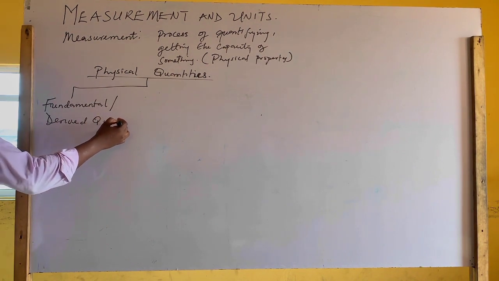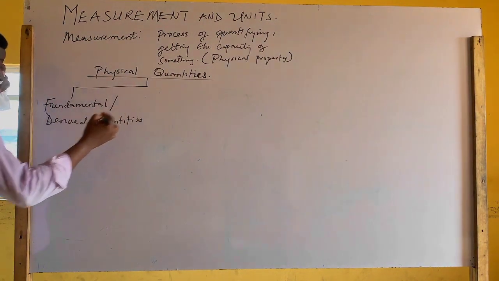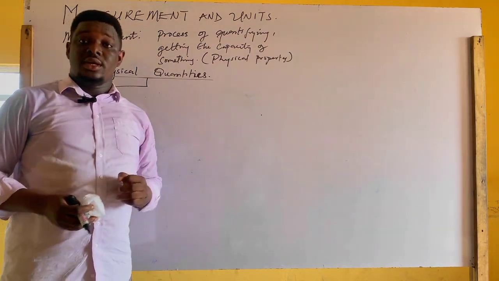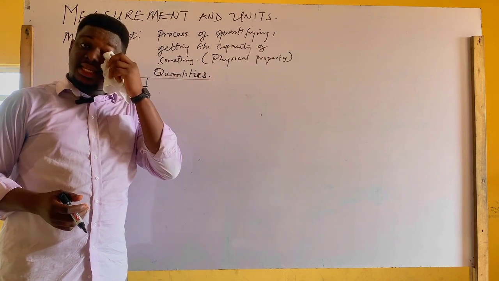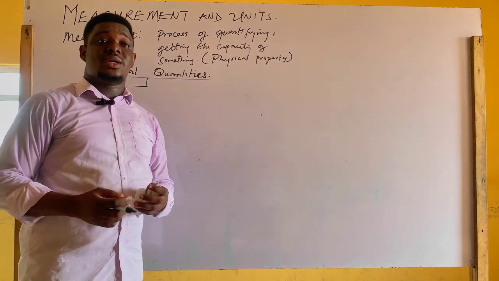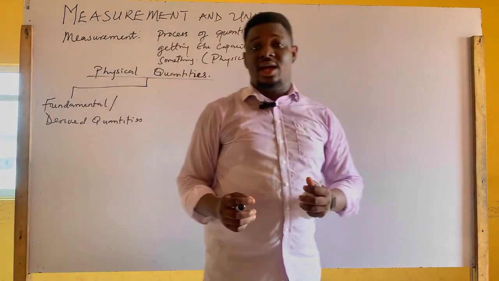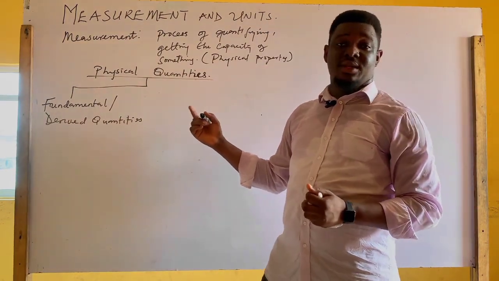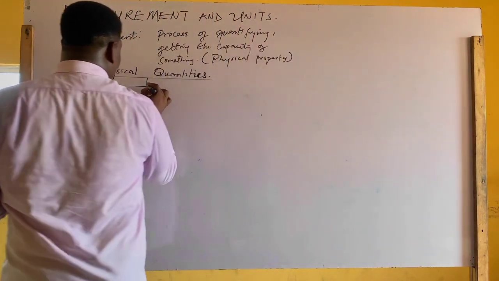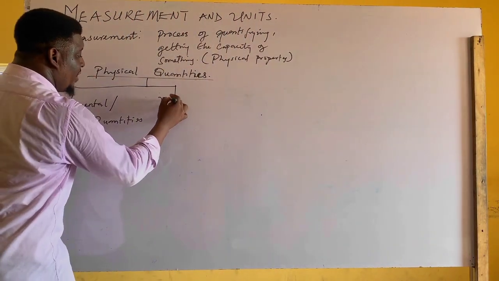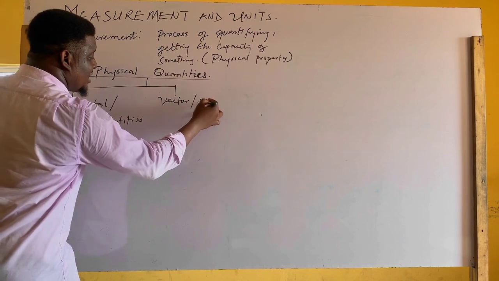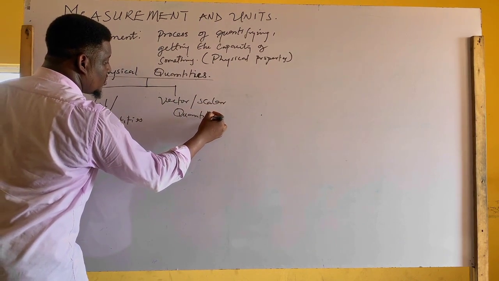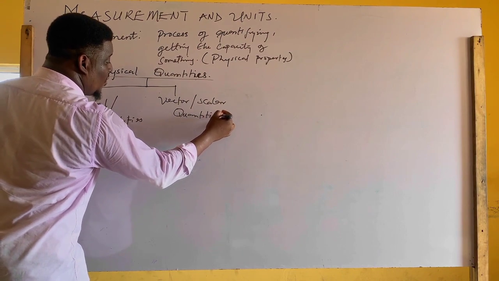I'm very sure that SSS 1 students, and those of you that have gone through SSCE, will have encountered something like this. This is one of the first topics being introduced to you. So we have vector and scalar quantities.